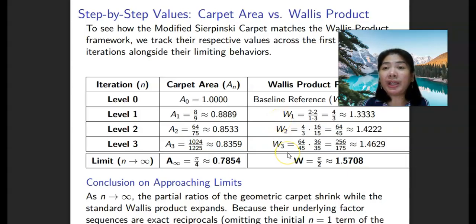While for the Wallis product at infinite level, the infinite product approaches pi over 2, and that's approximately equal to 1.5708. Ultimately, this data confirms our core discovery that the carpet's limiting area stabilizes at exactly half of that of our classical Wallis product.